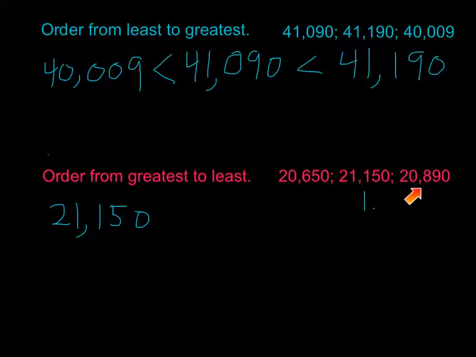I'm going to put in my semicolon, and then we're going to do greatest to least. Our 800 over here is more than our 600 over here, so 800 is going to come first. So 20,890 becomes next.